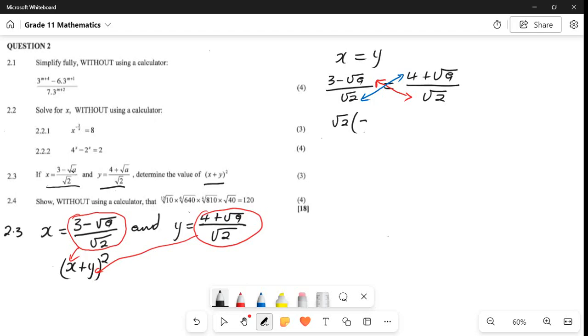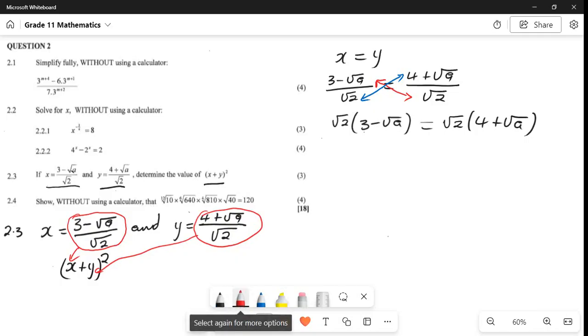We'll have 3 minus square root of a equals square root of 2 into 4 plus square root of a. When it's like this, let us divide both sides by square root of 2, because we know that what we do on the left needs to be done also on the right.